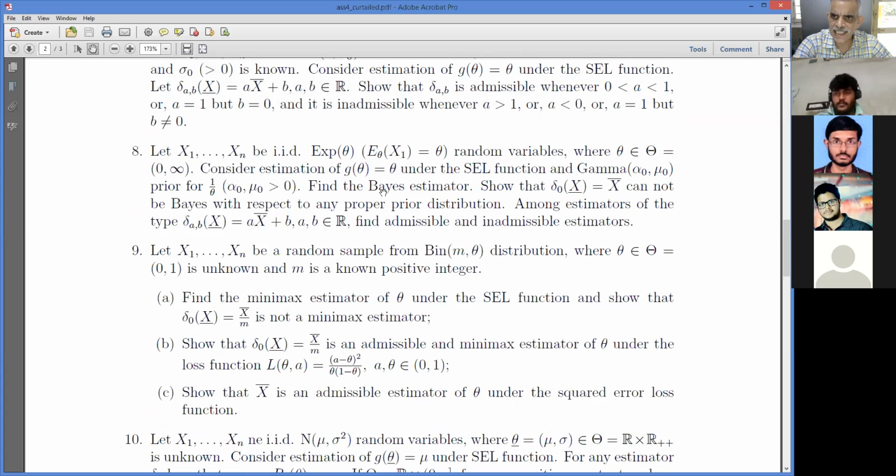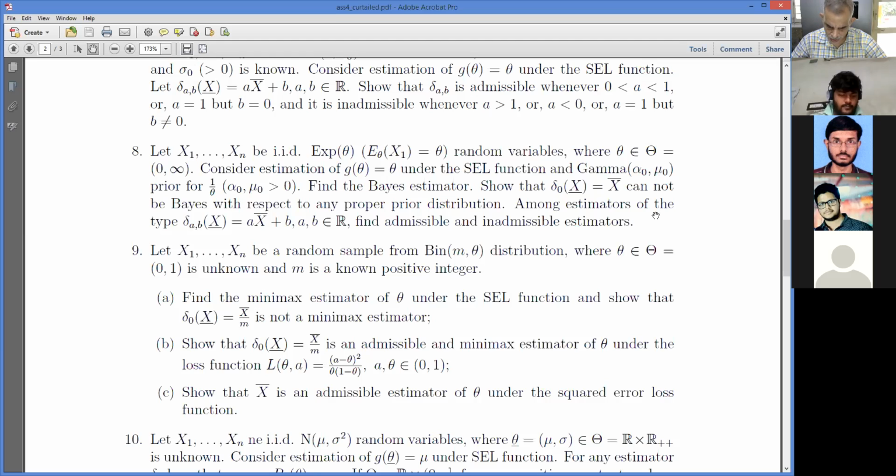In this case, I derived the Bayes estimator with respect to prior alpha naught, mu naught. It turns out to be of the type n upon (alpha naught plus n minus 1) times X bar plus 1 upon mu naught into (alpha naught plus n minus 1).